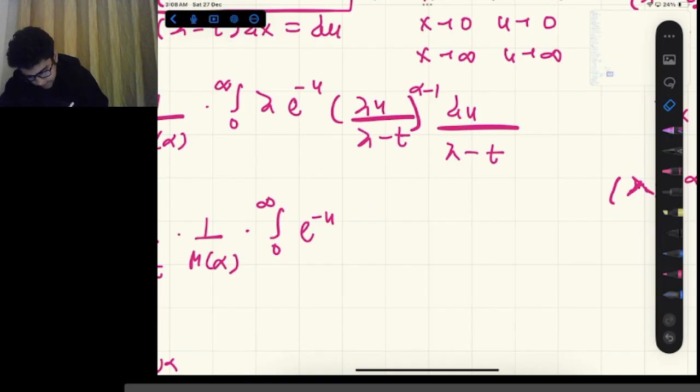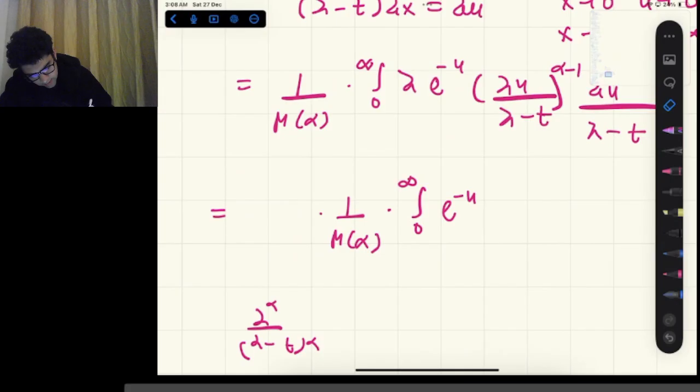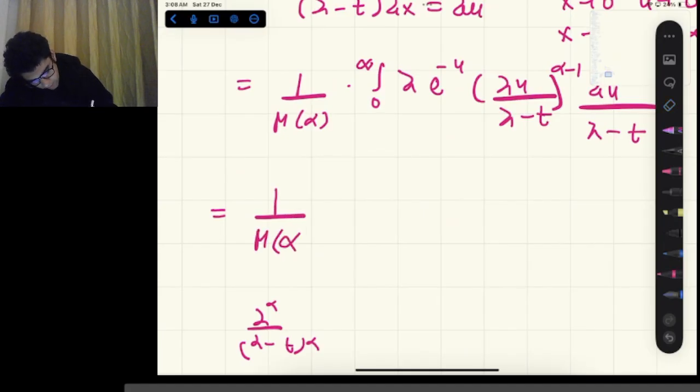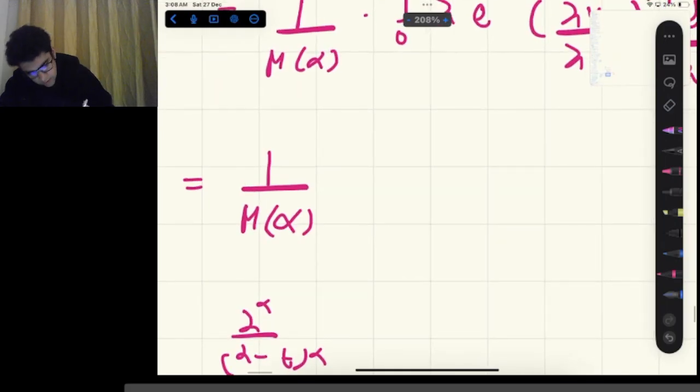So I can write this as 1 upon gamma alpha into the integral from 0 to infinity.